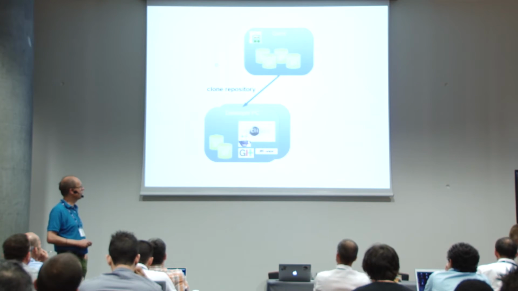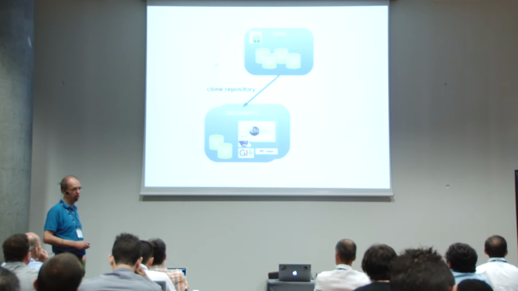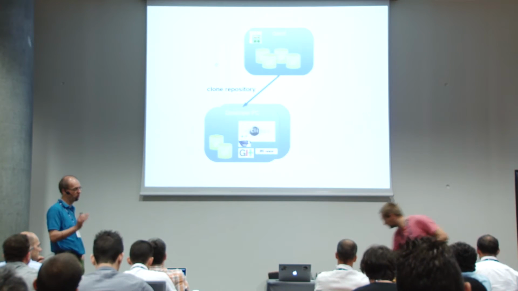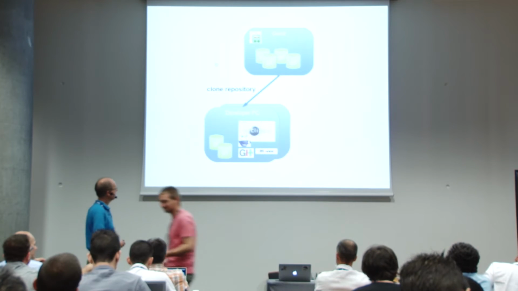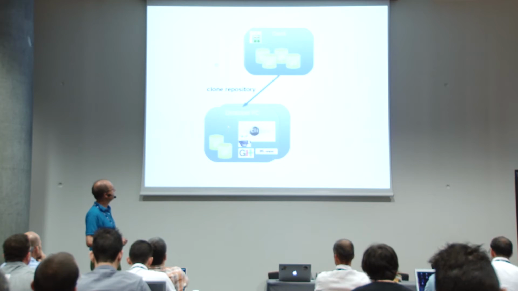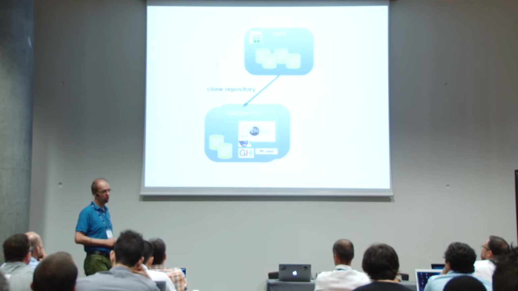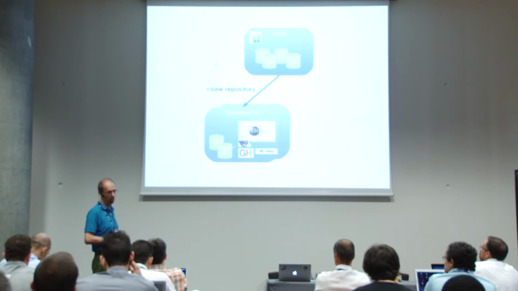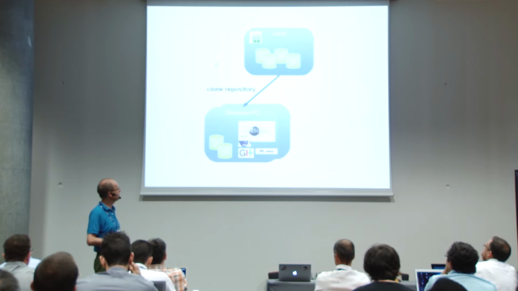If you want, you can also install native Git, but it's not required anymore because EGit almost covers everything. I mean, some of the very advanced stuff is not yet available, but you don't need that frequently. And then you clone those repositories you want to work on, and you can version locally because it's a distributed versioning system.